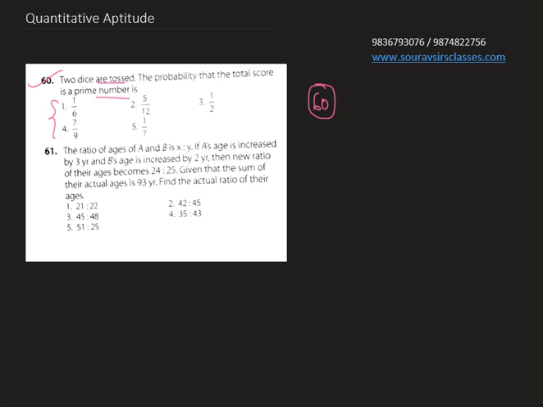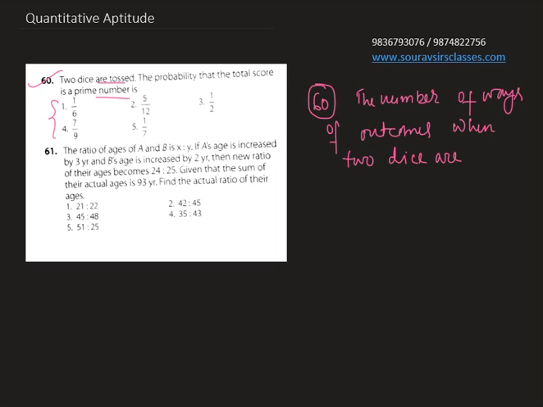Now we know that the number of ways of outcomes when two dice are thrown is equal to n(S), and this is nothing but 6 square, which is 36.